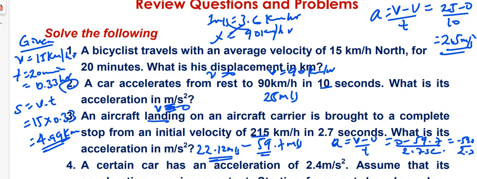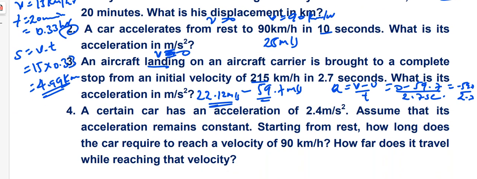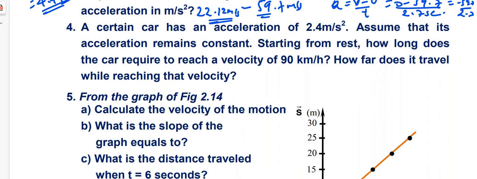Question number 4 says that a certain car has an acceleration of 2.4 meter per second square. Assume that its acceleration remains constant starting from rest. How long does the car require to reach this velocity?